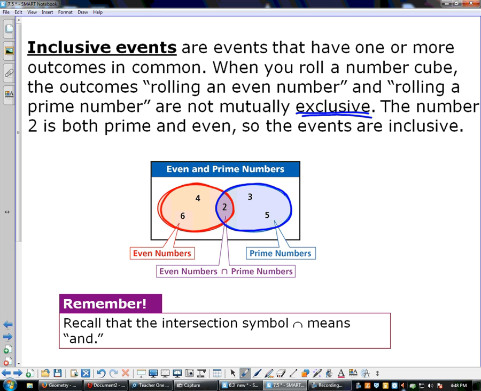In the middle, we have 2, which is both even and prime, so that's in the intersection. Our symbol right here means and, the intersection symbol, and that's what we use when we have inclusive events. So 2 is the only number in the intersection of even numbers and prime numbers.